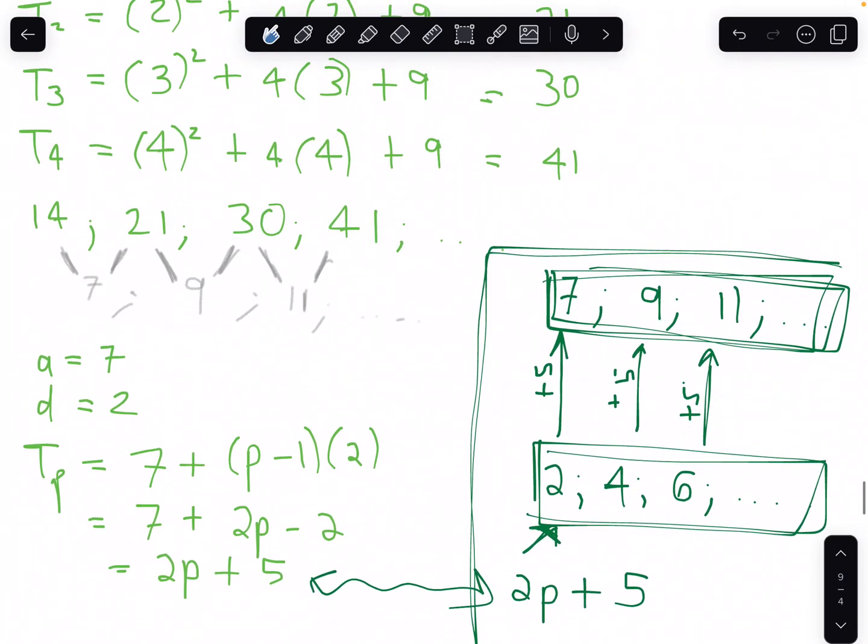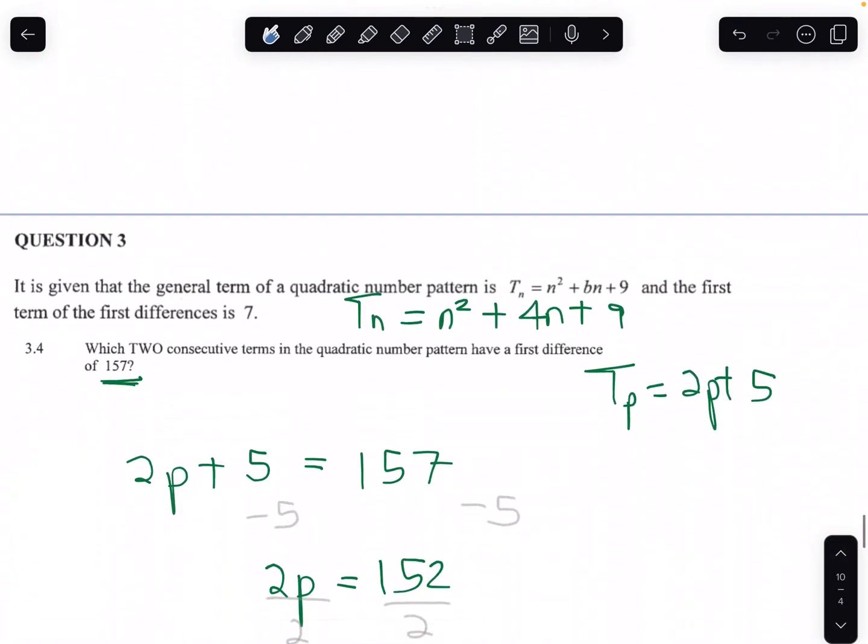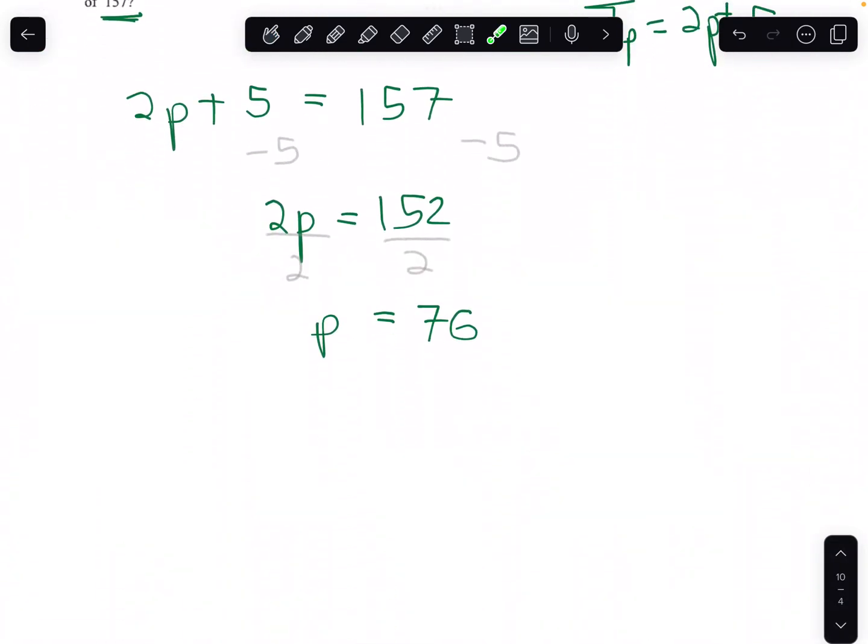The first difference occurs between term 1 and term 2. The second first difference occurs between term 2 and 3. The third first difference occurs between term 3 and term 4. So the 76th first difference will occur between term 76 and term 77.